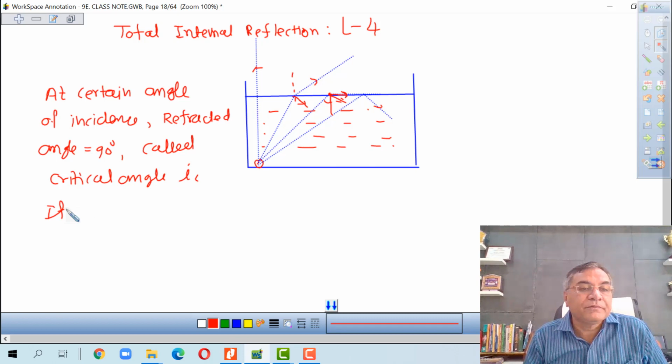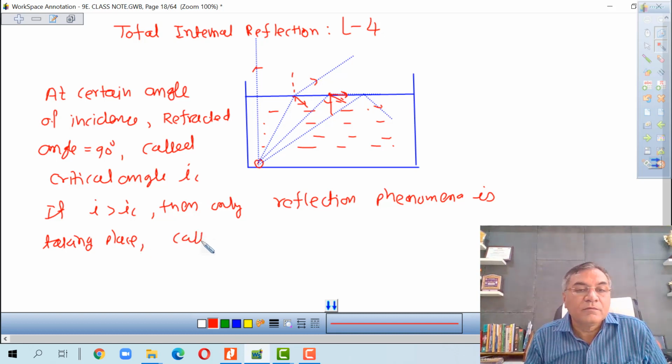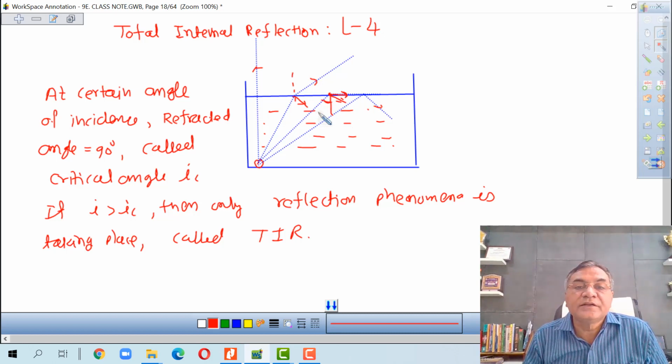And if I is greater than IC, then only reflection phenomena is taking place, called total internal reflection. Okay, તો આ જે એંગલ છે એને આપણે શું કહીશું?